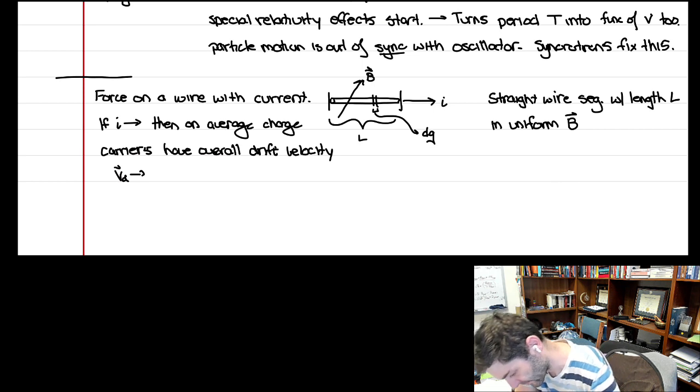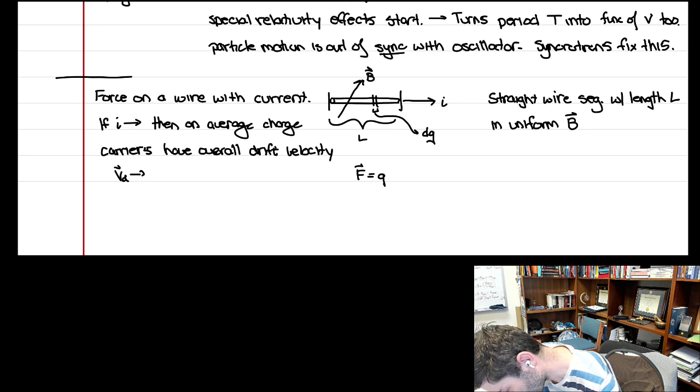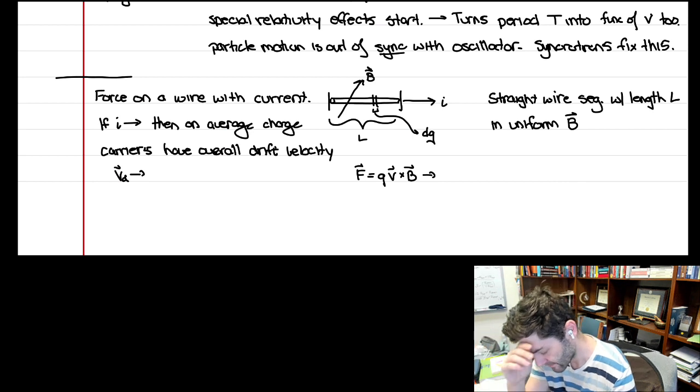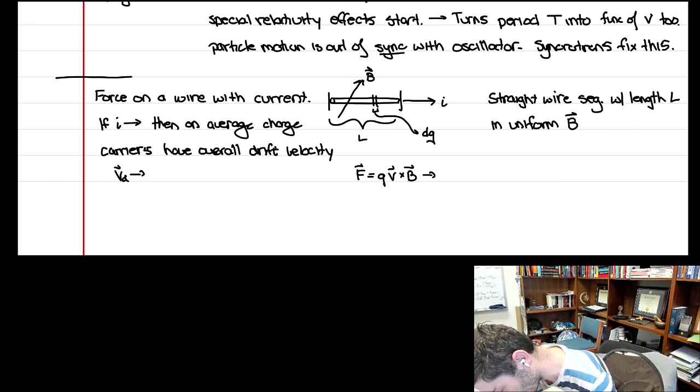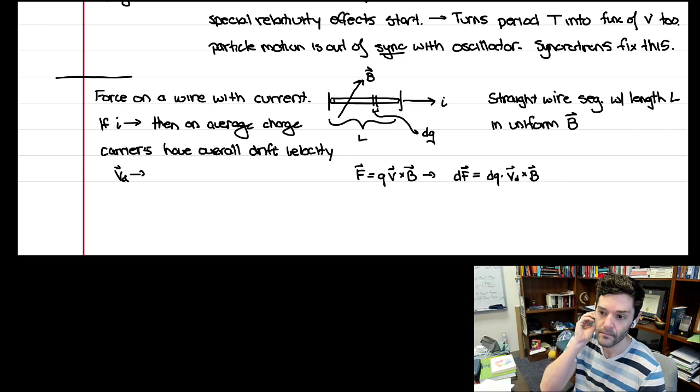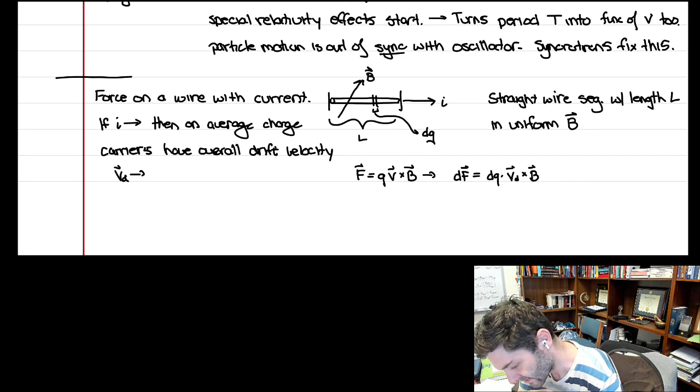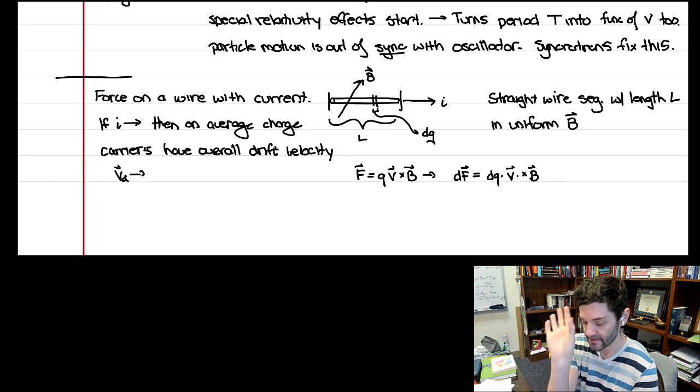So if we start with the force for a given charge, which is Q v cross B, then we can say for that tiny amount of charge in a segment of wire, that tiny little segment of wire has a force that's given by dq, then it has some velocity cross B. Actually, I don't even need the subscript for drift anymore. It has some little velocity that's going in the same direction as the current.